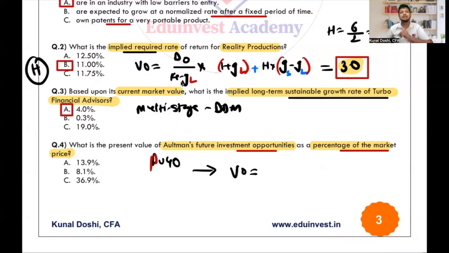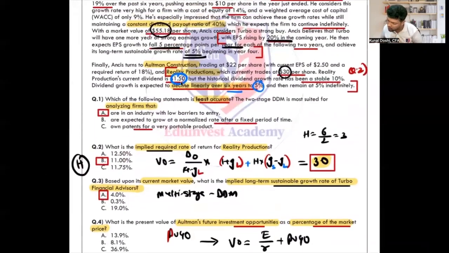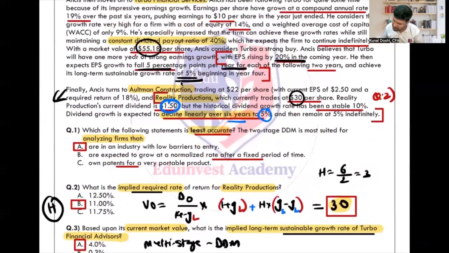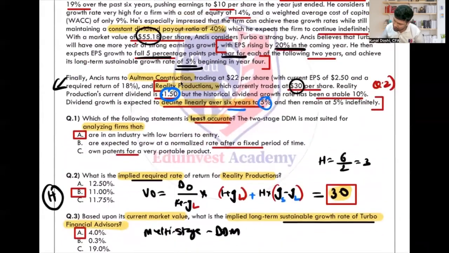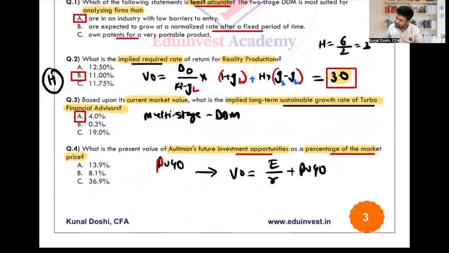Intrinsic value is made up of two things: earnings perpetuity and PVGO. So Altman's price is already here. This is going to be my information related to question number 4. Altman's price is trading at 22, EPS is 2.5 and required return is 18%.